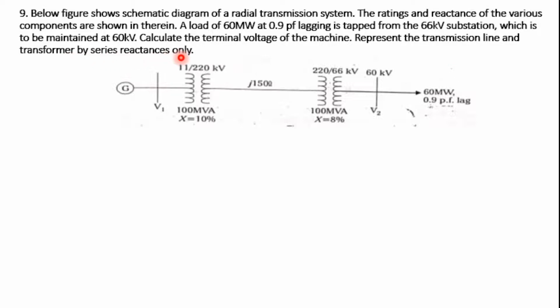So what is the difference between this numerical and the earlier one? Earlier we used to calculate only the reactance. Now we have to calculate the terminal voltage of the machine. What makes the difference is that he has not given the voltage across the generator G; we have to calculate that.